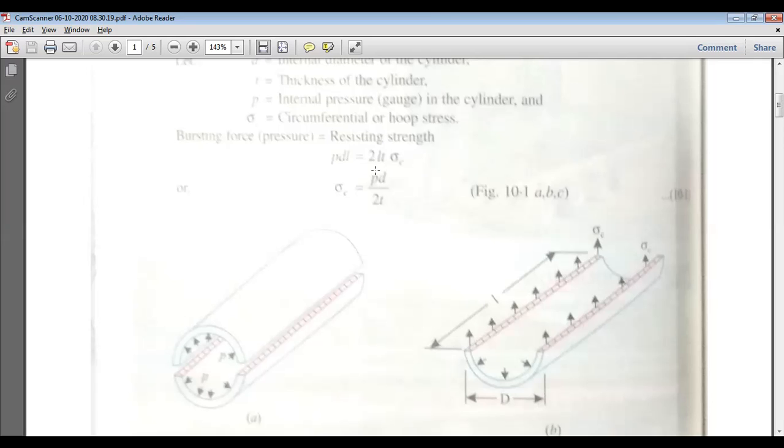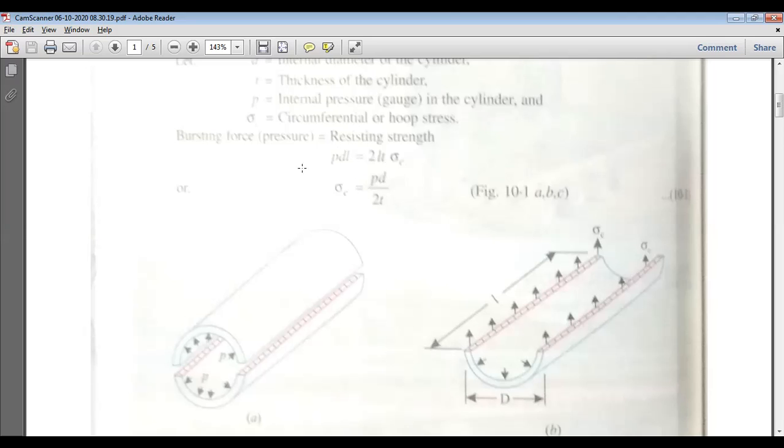Sigma C is the compressive stress. So P into dl is pressure into the elemental length, and 2 L t sigma C, where t is the thickness and L is the complete length. This way the compressive stress will be PD by 2t.